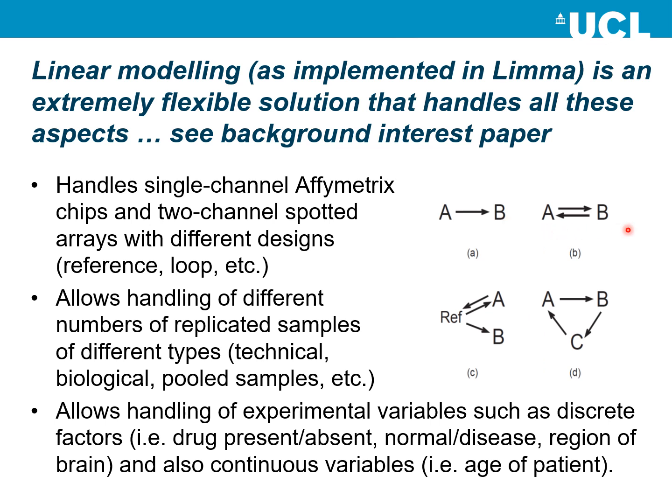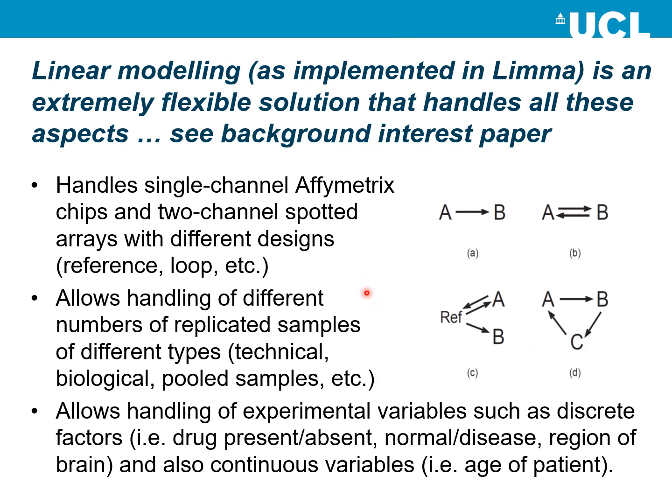But this is a slightly more complex design to model. And you might have a reference design. One of the samples has a dye swap, the other one doesn't. Or you might have this loop design. We have three samples and they're all pairwise compared to each other. So that's got a slightly different statistical design to analyze.